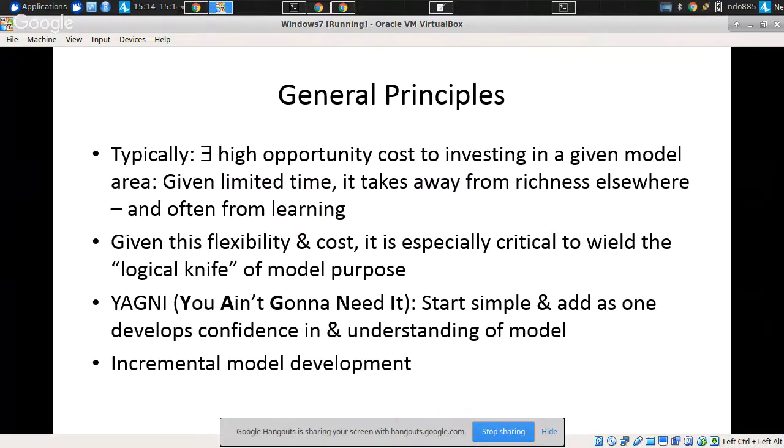So I mentioned several components that we'll be talking about, but a key point is this notion of opportunity cost. Putting something in often means not putting something else in. And often we are in a much better position to decide what to put in after some experience with the model rather than doing it up front. And hence an emphasis on incremental model development.